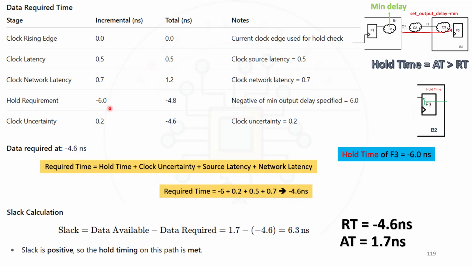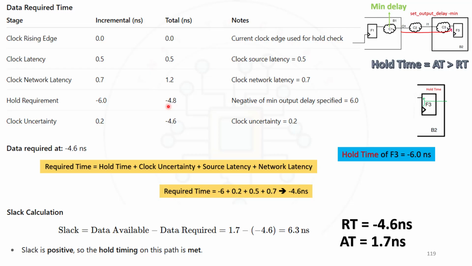Remember one point here: for setup analysis, time period minus setup will be used, whereas for hold, we go directly with only the hold requirement. So till here I got delay as 1.2 nanosecond. Add this 1.2 with minus 6.0, and I'm getting a delay of minus 4.8. Next, clock uncertainty is present. As I already told you, in setup analysis, uncertainty should be subtracted, whereas in case of hold, it should be added.